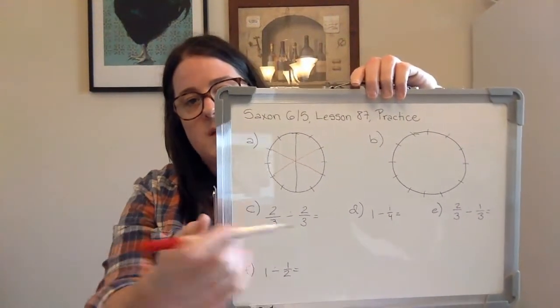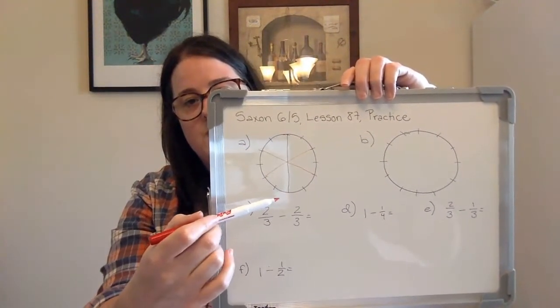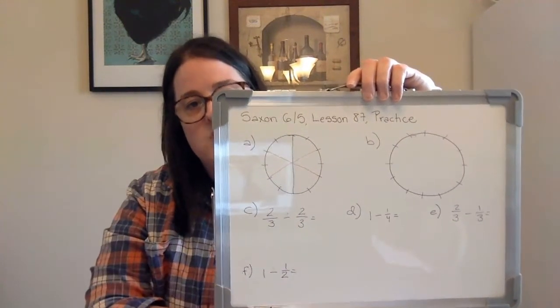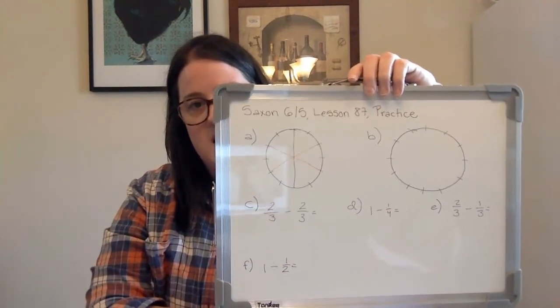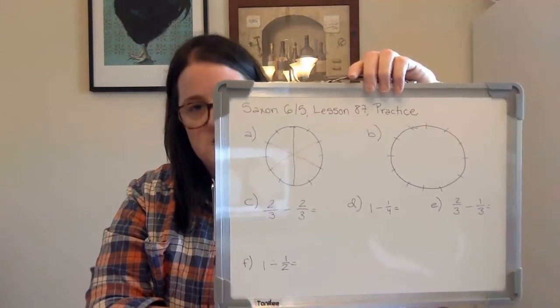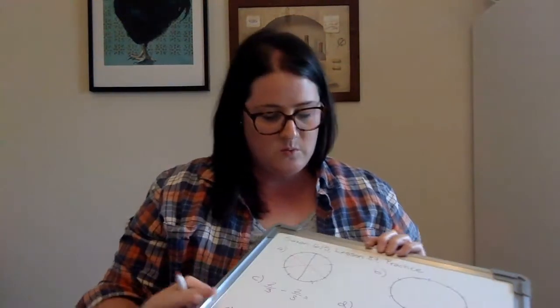In our practice, we're going to use sketches because I don't have any manipulatives. My circles aren't perfect, they're just to demonstrate. So A is asking how many 1/6 are in 1/2. What that's asking is 1/2 divided by 1/6. So I have here my circle for A, right? I've drawn a circle and I've used, like a clock face, the hash marks in order to make divisions.